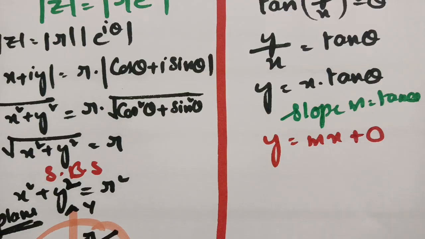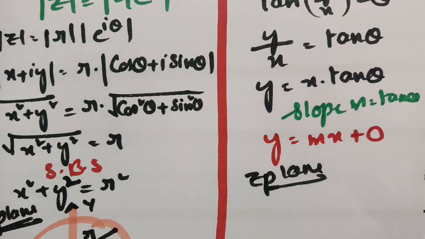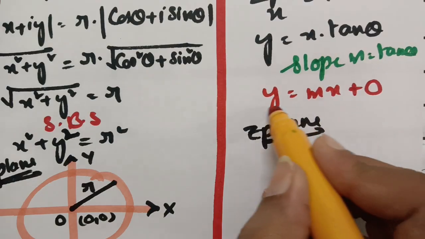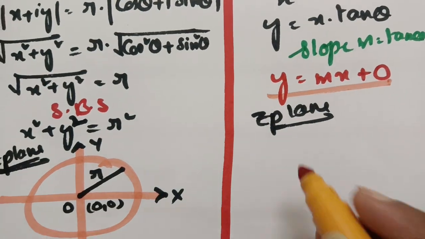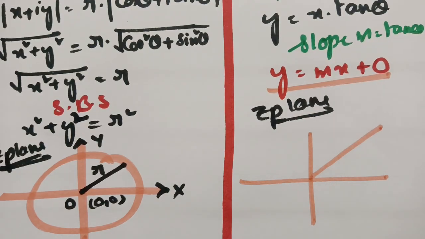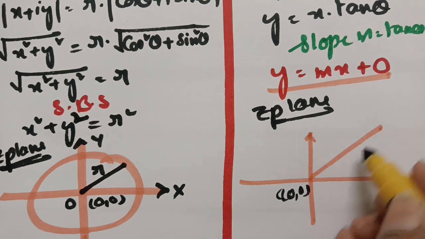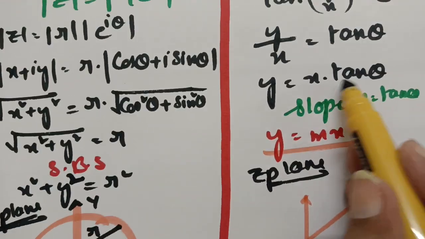So in the xy plane, here in the z plane, what is the shape of it? In the z plane, this will be a straight line, y is equal to mx. This is a straight line passing through the origin with slope tan theta.